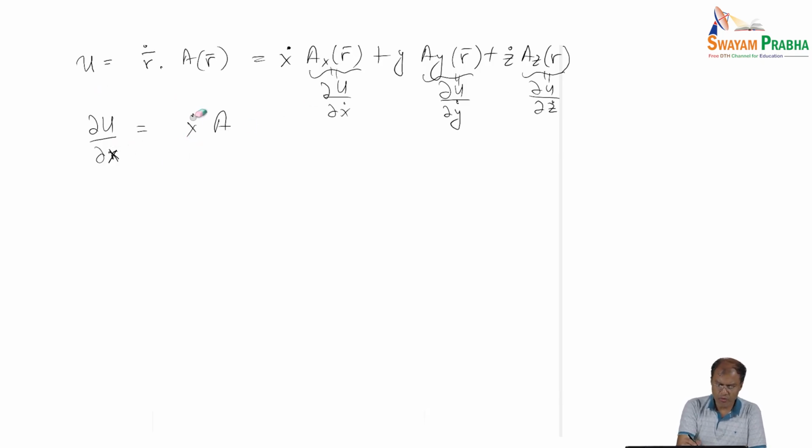So here is our U, and now I am going to differentiate U with respect to the X component. So partial U partial X is going to be X dot times partial AX partial X plus Y dot times partial AY partial X plus Z dot times partial AZ partial X, right?